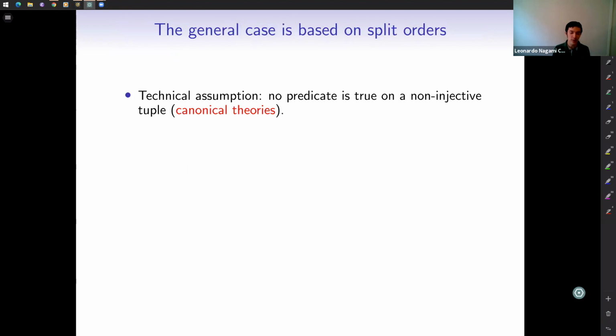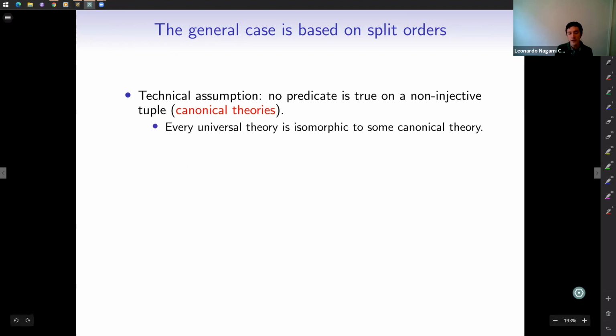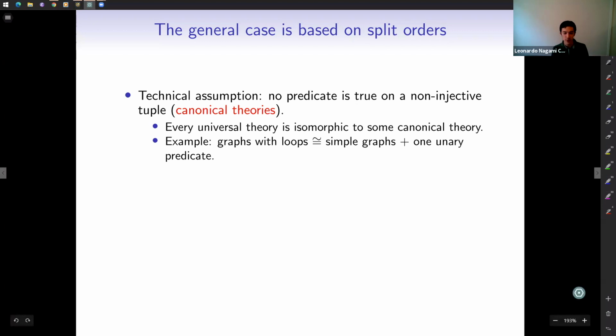I just need a technical assumption, which is that no predicate is true on a non-injective tuple. These are what are called canonical theories. It is a completely technical assumption because every universal theory is actually isomorphic to some canonical theory. I'm not really going to dwell too much on this. I'm just going to give you an example. A classic example of a non-canonical theory is graphs with loops, right?